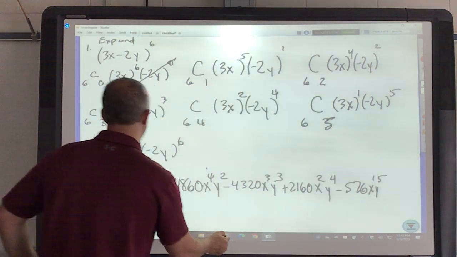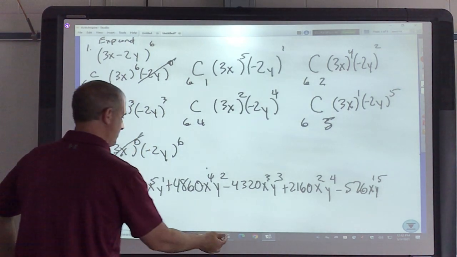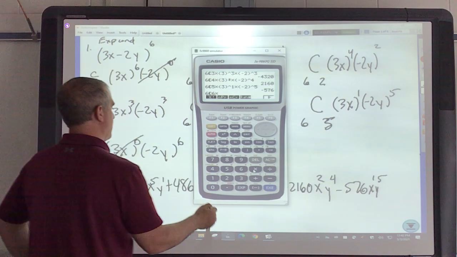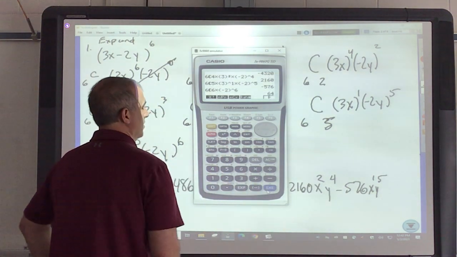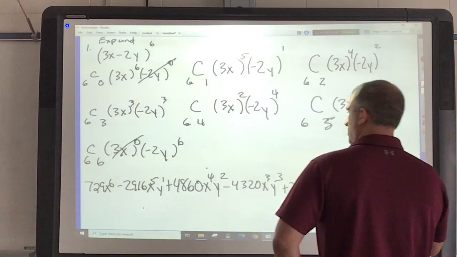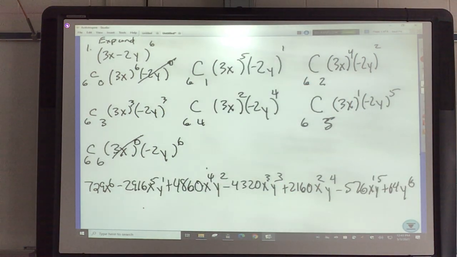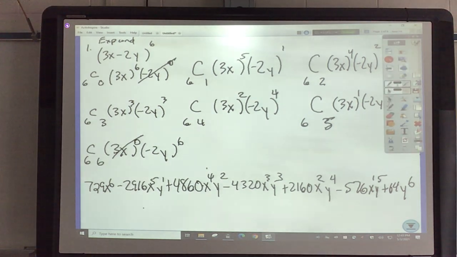The last one, I don't need the x part because it's a 0. So I got 6 choose 6 times negative 2 to the 6th power, 64 y to the 6th. I hope you were successful on that first attempt. Let's go to the second one.